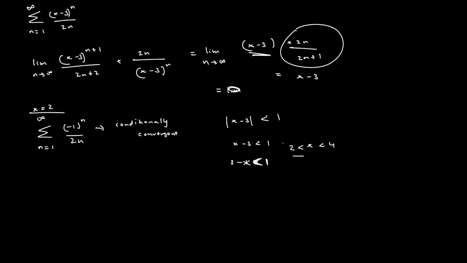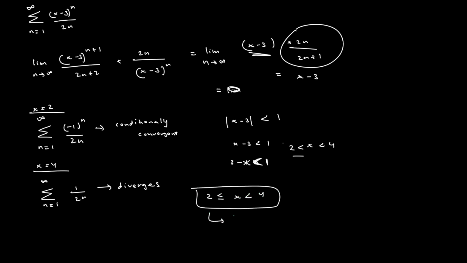And now we test x equal to 4 as our second endpoint, and we get the sum from n equals 1 to infinity of simply 1 divided by 2n, and this diverges because again it's a harmonic series. And so the endpoint at 4 is not convergent, so our interval of convergence is simply x greater than or equal to 2 and less than 4. So that's our convergence interval.